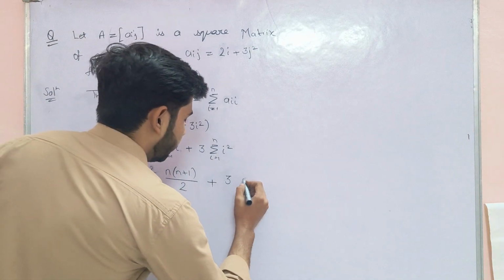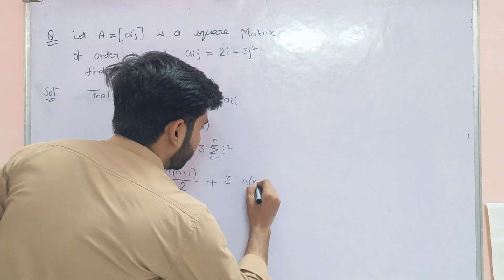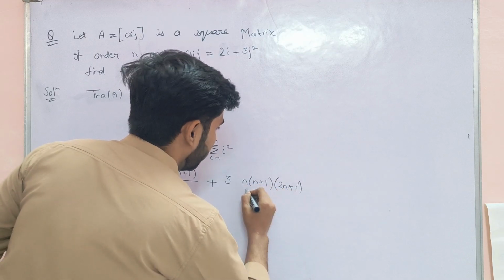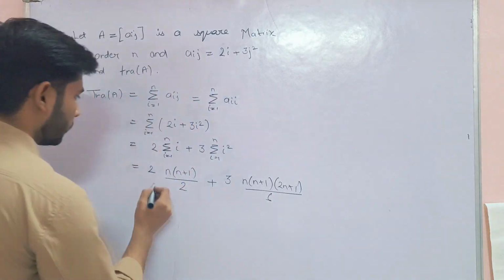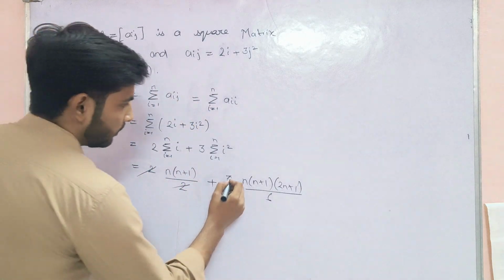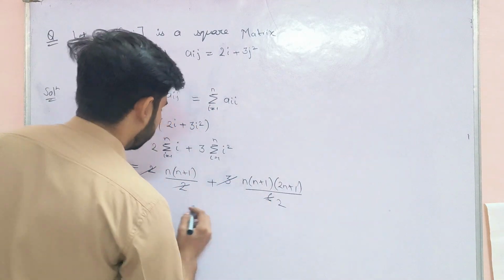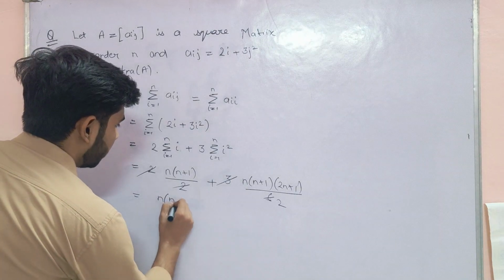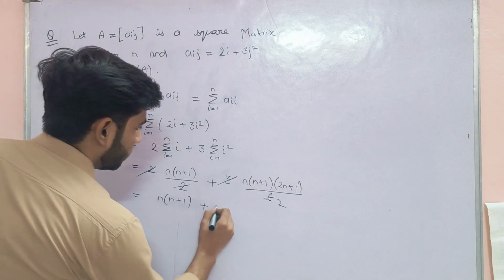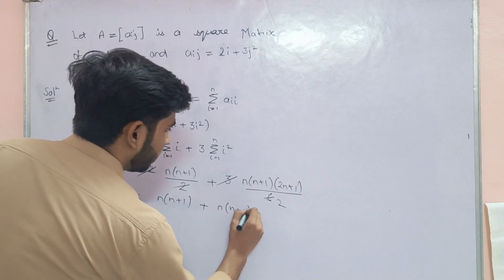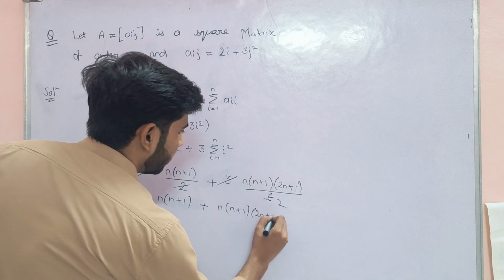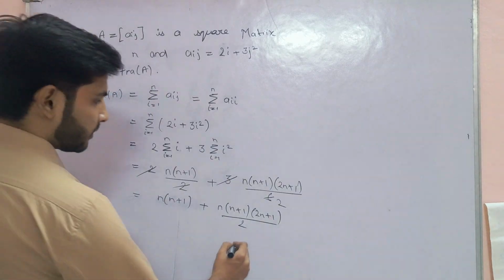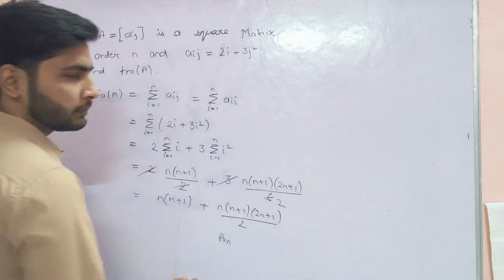So it is n(n+1)(2n+1)/6. So 2 cancels out, 3 goes to the 6. So we get n(n+1)/2 plus n(n+1)(2n+1)/6. So this is our answer.